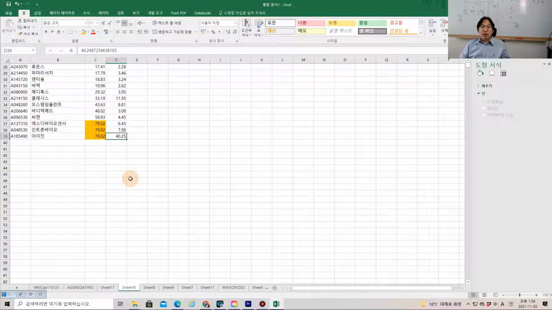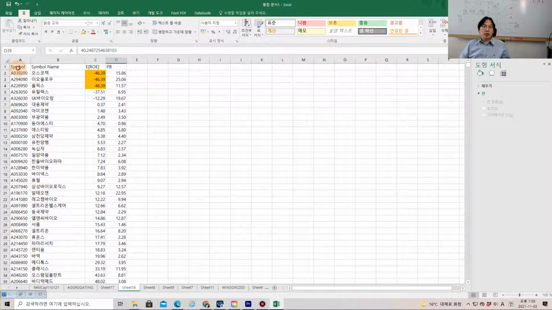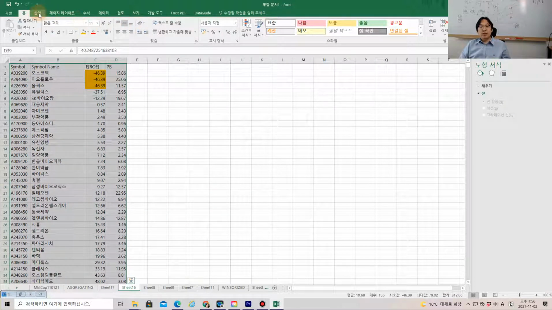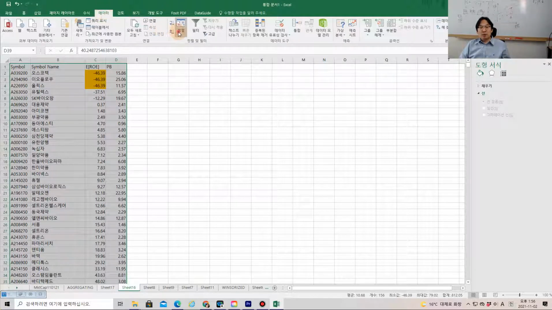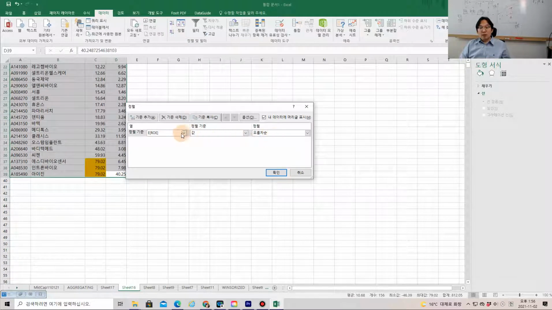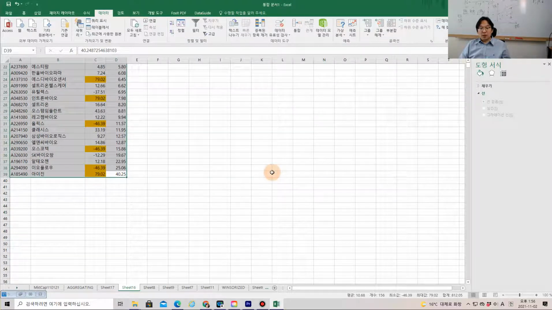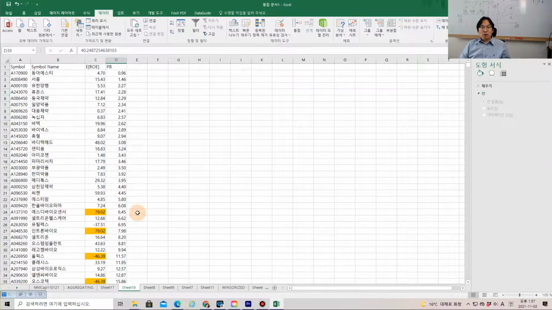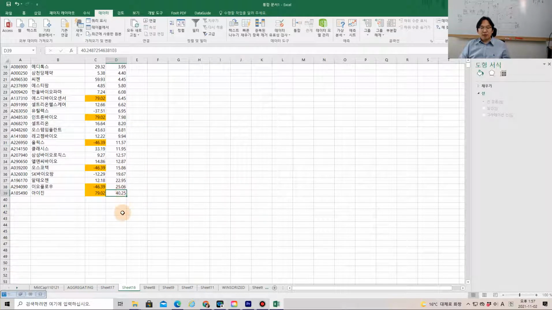And then PB ratio as well. I have to sort it and see if there is anything I have to Winsorize. Sort it, and then this time PB ascending order, 40-ish and 0.9-ish. Not that much of a problem, I think.